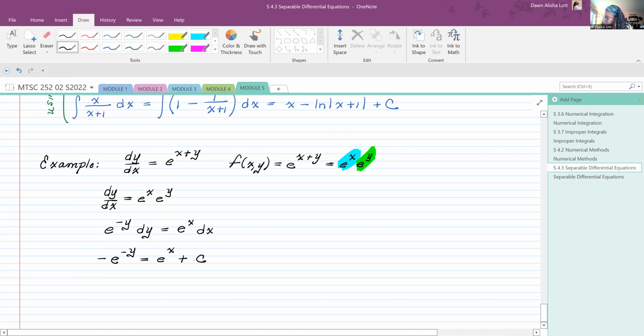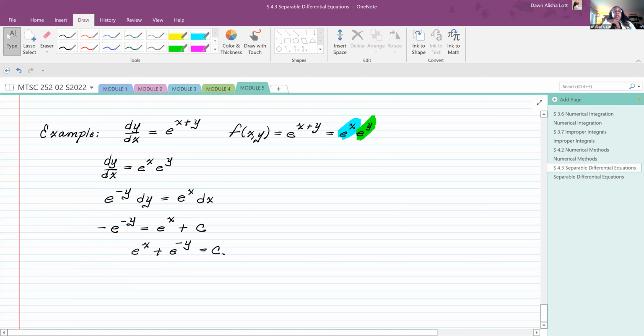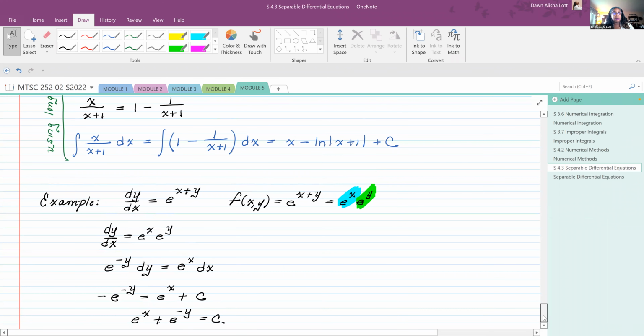And so that could be written as e to the x plus e to the minus y is equal to a constant. And so that would be the solution to that differential equation. So it doesn't look separable, but it is. So be careful of exponentials where the power is a product, because it could be separable. Okay, any questions?